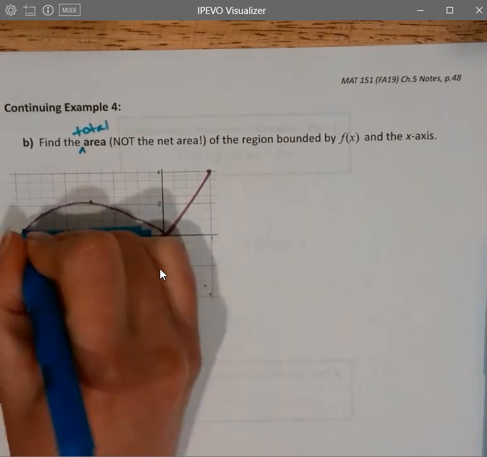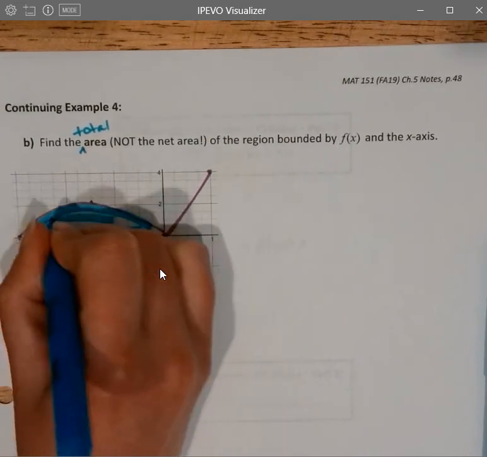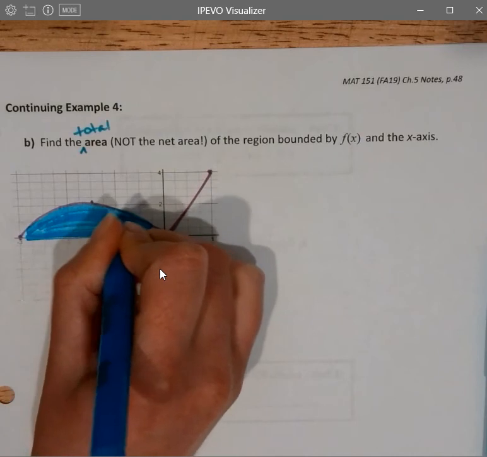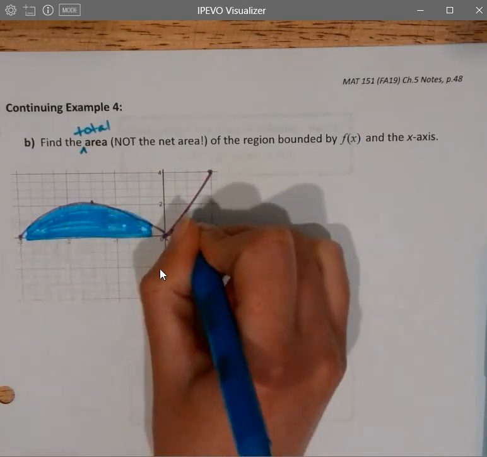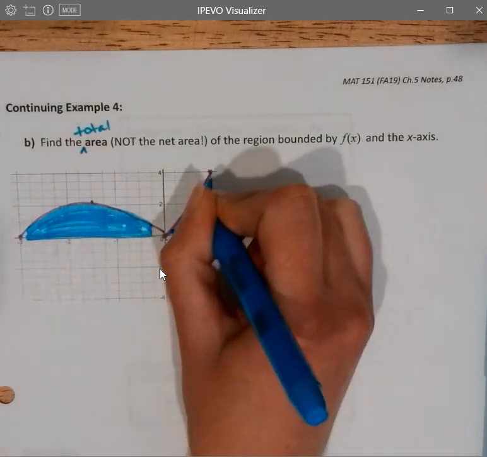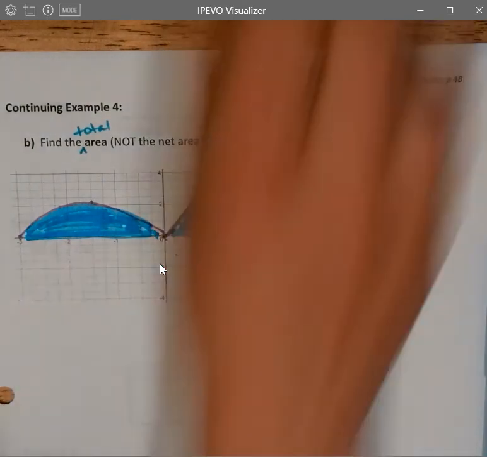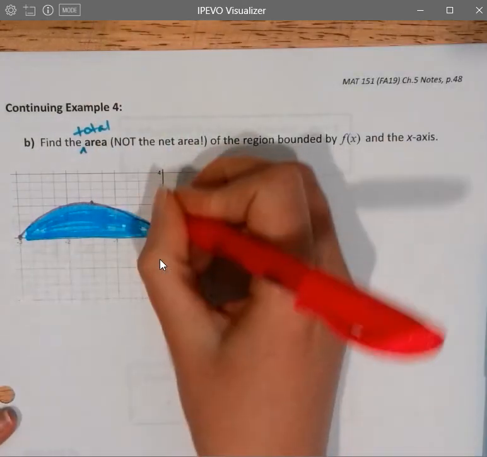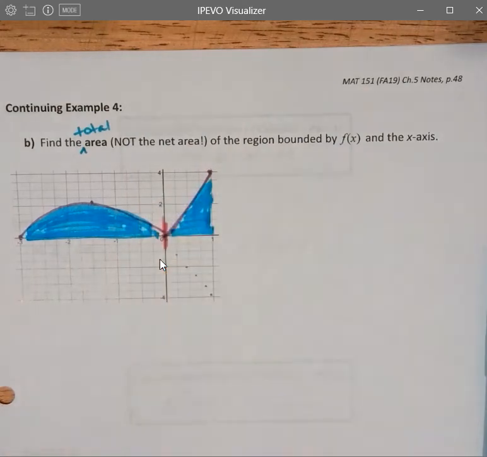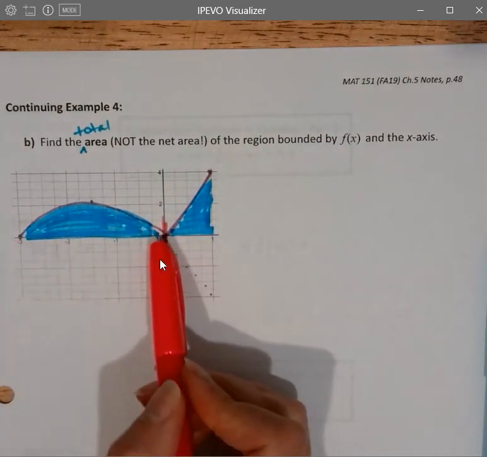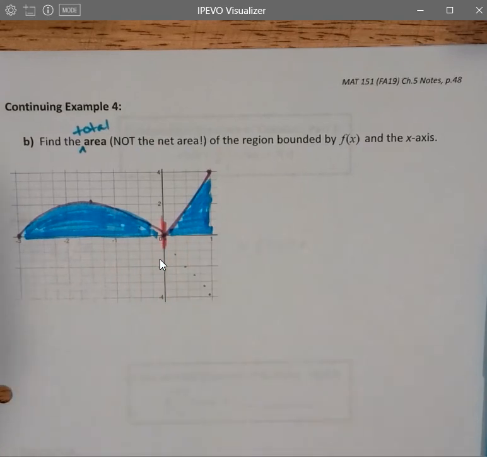Okay. Now, I can't do these together because the first one is already positive. I'm going to have to separate this and do the integral as 2 pieces. I have to separate this right here at 0, the border between the already positive piece and the part that I need to turn into a positive. Okay.